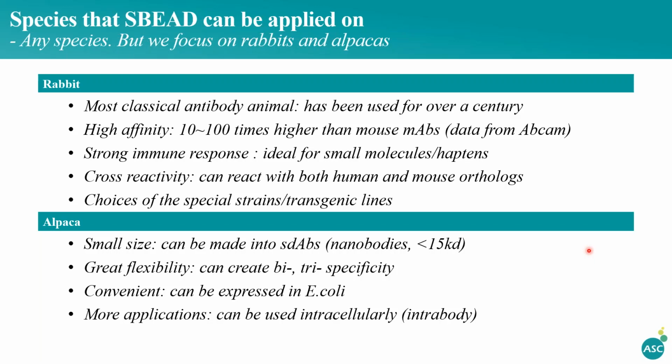Rabbits do have a strong immune system, which is ideal for small molecules or haptens that sometimes do not even trigger immune response in mice, but it can work well in rabbits.